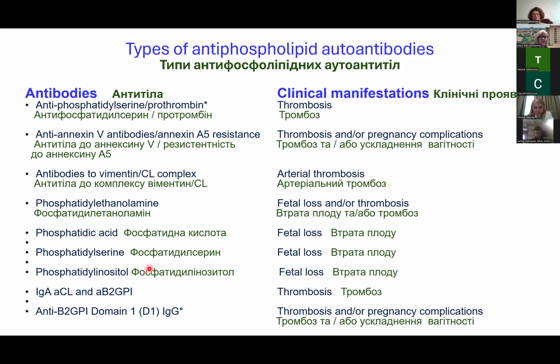And all of these here are at high risk for fetal loss. The IgA antibodies cause thrombosis. And again, the beta-2 glycoprotein domain 1 antibodies cause thrombosis or pregnancy complications. So depending on what your patient has, you can have a best guess at what their complications may be, which can help you decide on what therapies they need to be on, which we'll talk about.